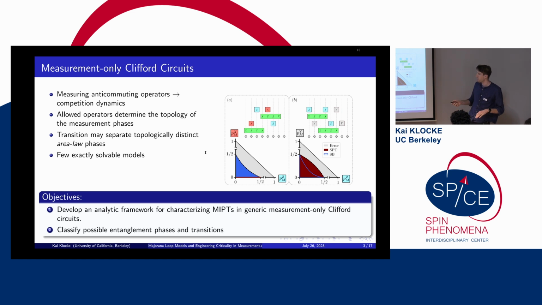So roughly, what I'd like to do here is tell you about some analytic framework for characterizing measurement-induced phase transitions in random Clifford circuits where the dynamics are exclusively generated by measurements. And then taking that framework, I'd like to try to classify possible phases and transitions you can get in these systems and see if we can engineer new entanglement phases.